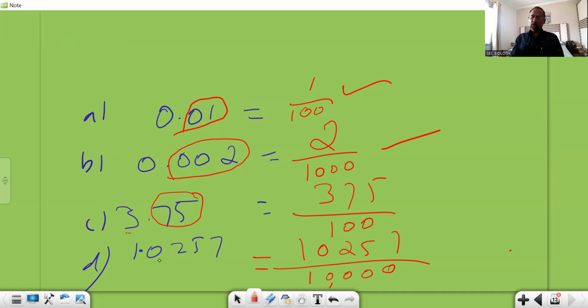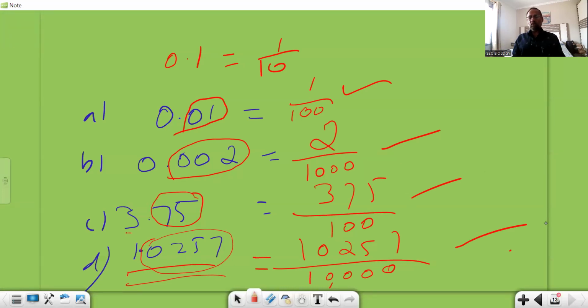Because you start from here: 0.1 is 1 by 10, 1 zero, 1 decimal. 2 zeros, 2 decimals. 3 zeros, 3 decimals. 4 zeros, 4 decimals. See the decimal point, 4 decimal places are there, so don't count this zero. Okay, correct.